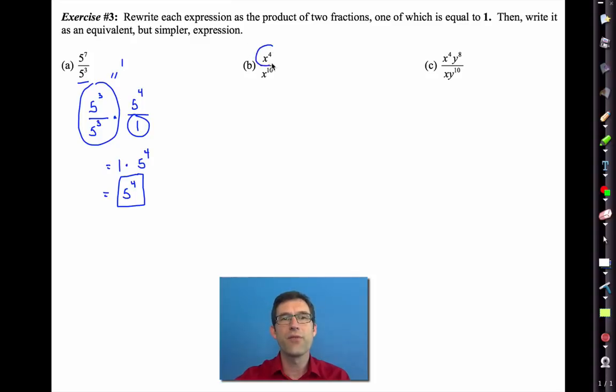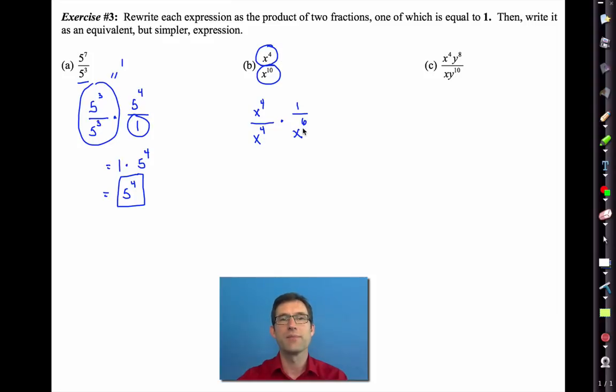We have x to the 4th in the numerator, x to the 10th in the denominator. Now, if you think about GCF, because that's what we're really doing here, we're finding the greatest common factor of the numerator and denominator, and that's what's going in our numerator and denominator in this first fraction. What would we have here? We'd have an x to the 6th, right? X to the 4th times 1 is x to the 4th.